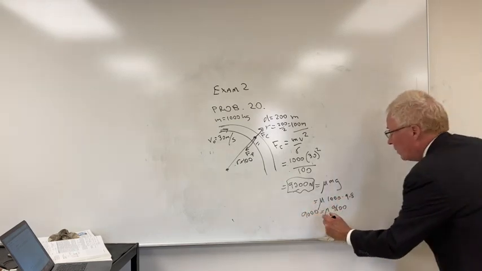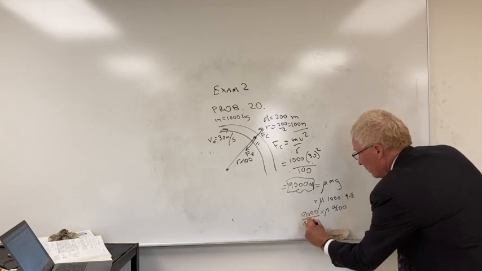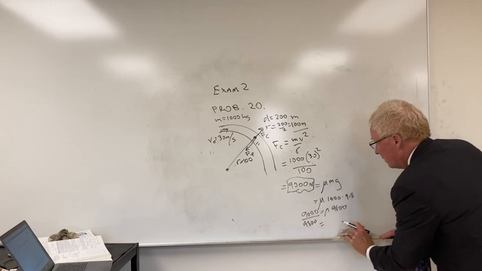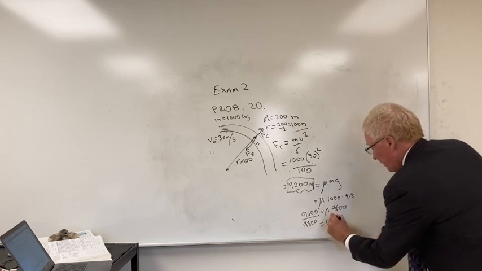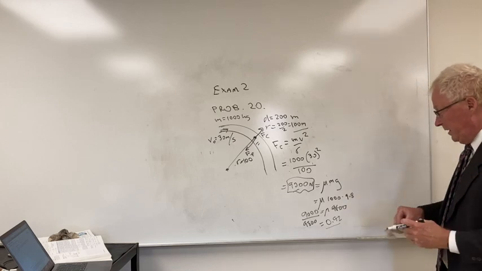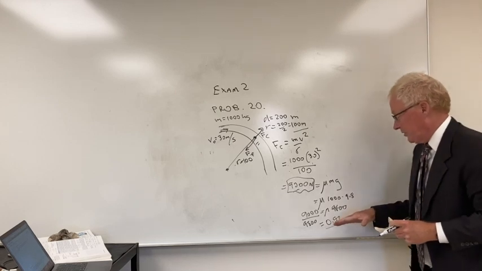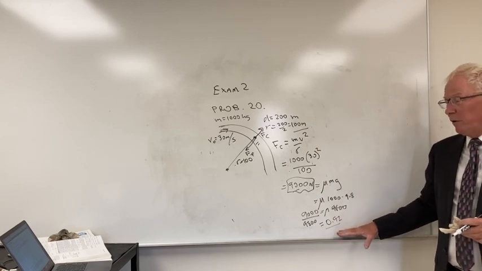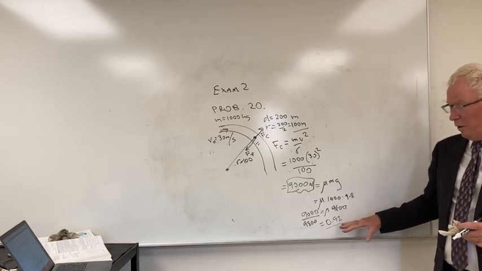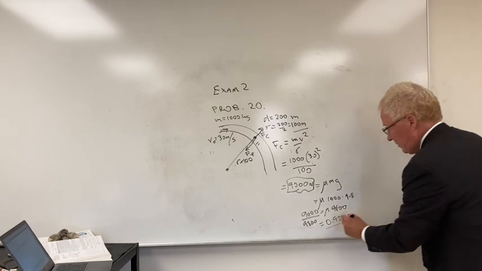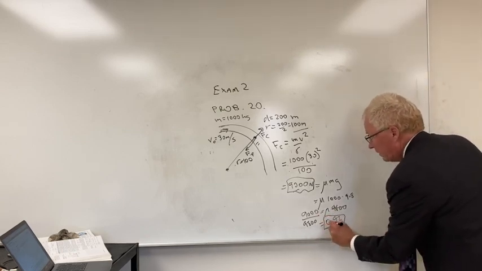So mu would be approximately 0.92. But that's not what the question was asking. If somebody actually did put in the coefficient of friction, I would give you full credit, but whoever put this in, they put in this force. This is the coefficient of friction.